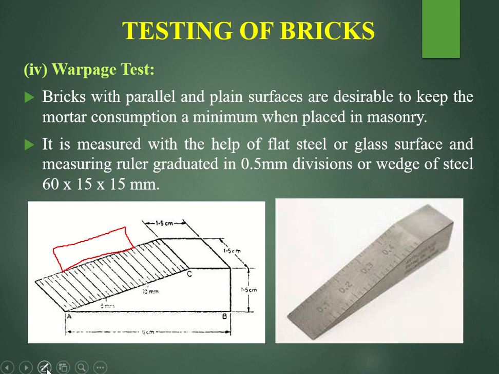What we do is we try to check the straightness of the brick along the steel wedge, and if the straightness or the deviation is more, then we call it warpage, right? So this is all about the warpage test.